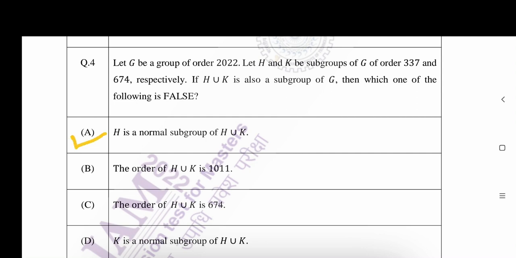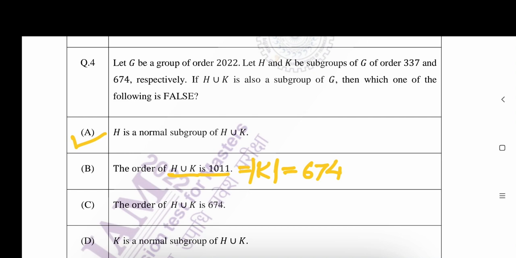And B, the order of H union K. I have already found that the order of H union K is 674, which equals the order of K, and in the question you can see that it is 674, but option B says that it is 1011.